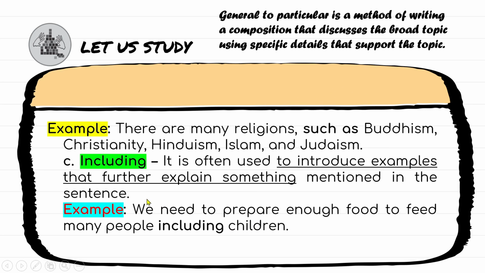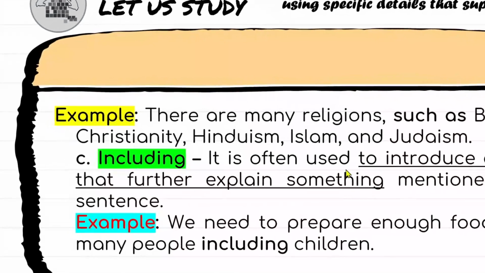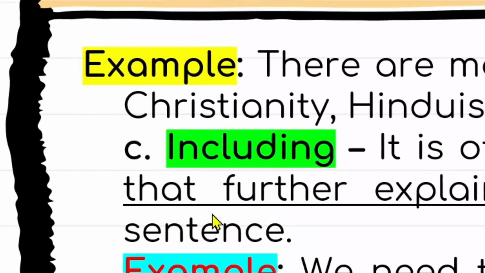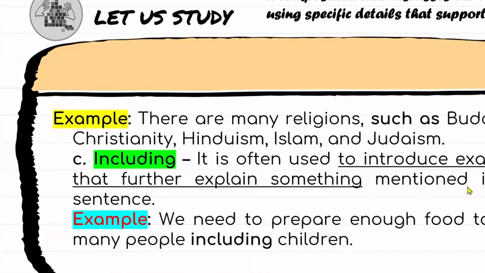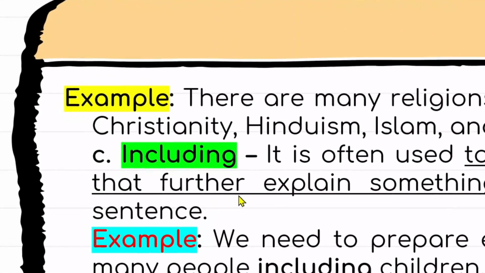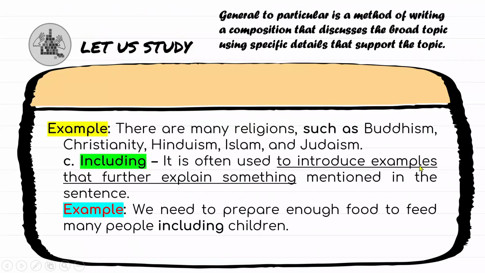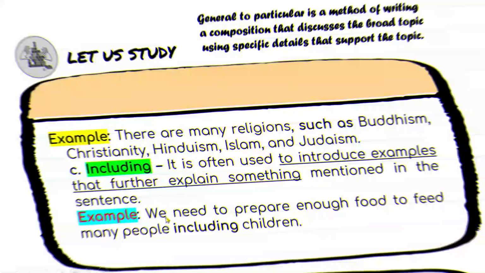Okay, I hope you get that one. Next and last example, we have the word including. Including is often used to introduce examples that further explain something mentioned in the sentence. This is used to introduce examples and further explain something to be comprehended or understood.